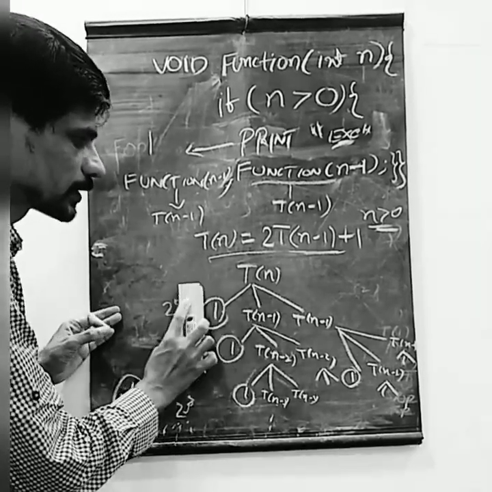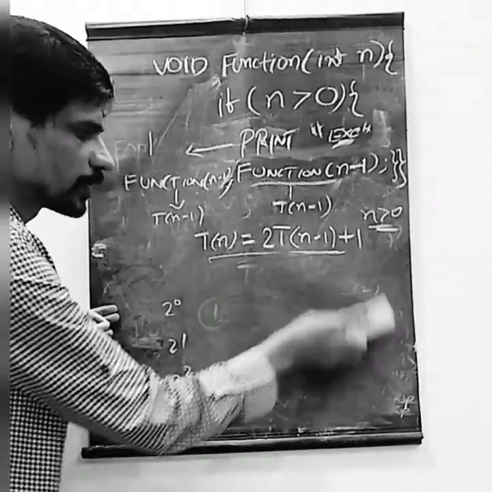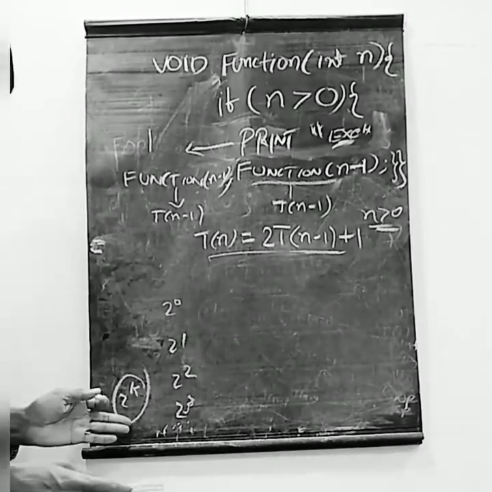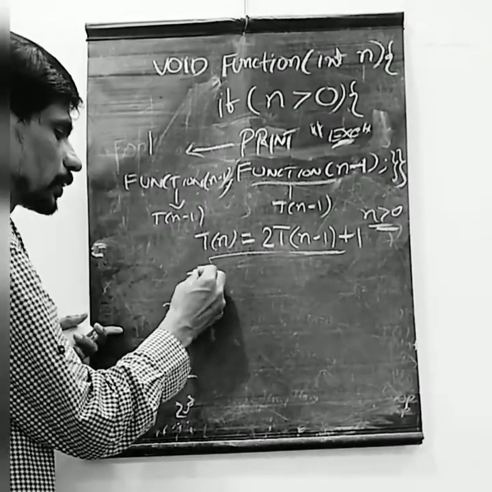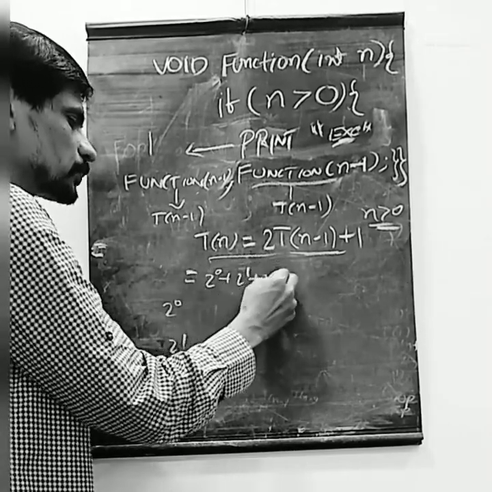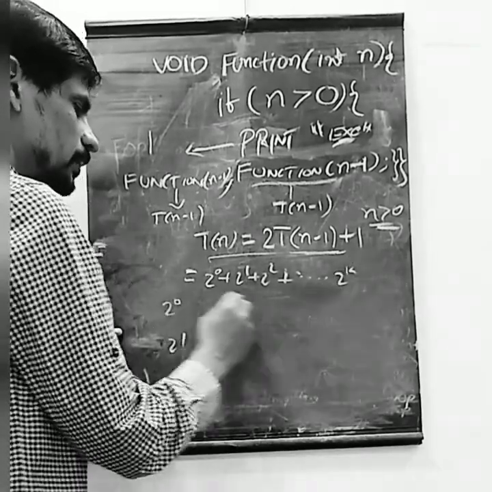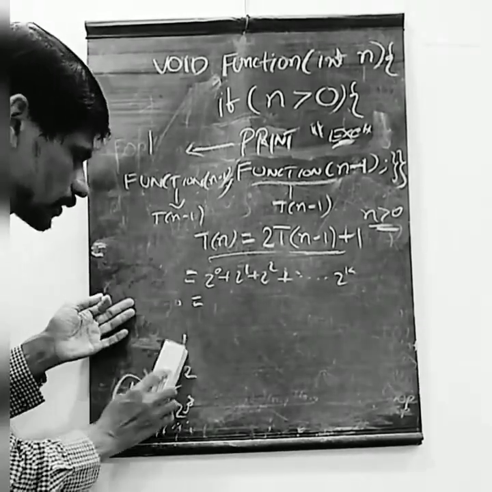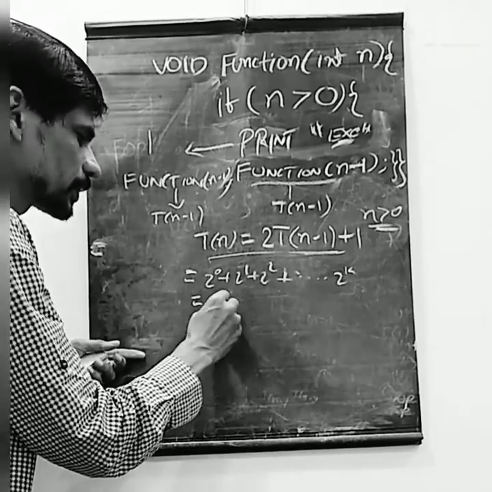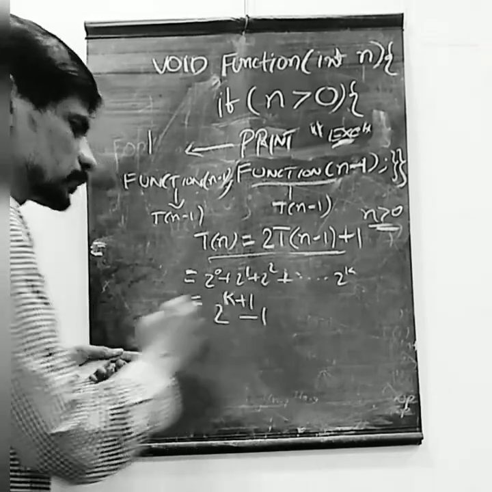So I will erase this branch basically. I need some space. So this is what we are left with. We know 2 power 0 plus 2 power 1 plus 2 power 2 plus so on up to 2 power k, and we can represent this as 2 power k plus 1 minus 1.